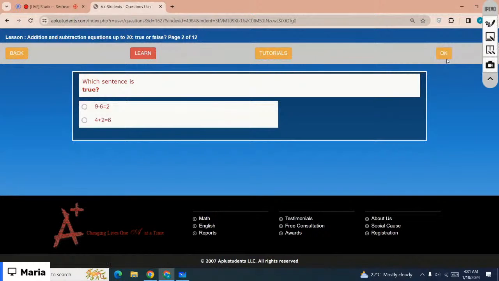Which sentence is true? 9 minus 6 equal to... 4 plus 2 equals 6. So which is the correct option?